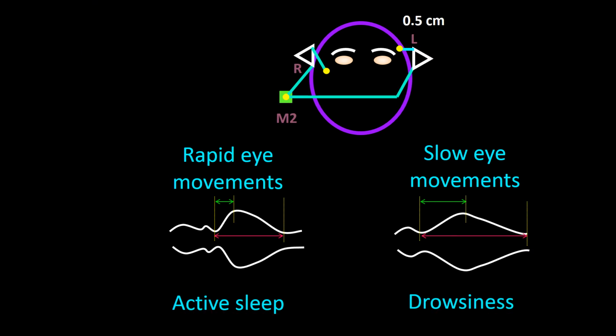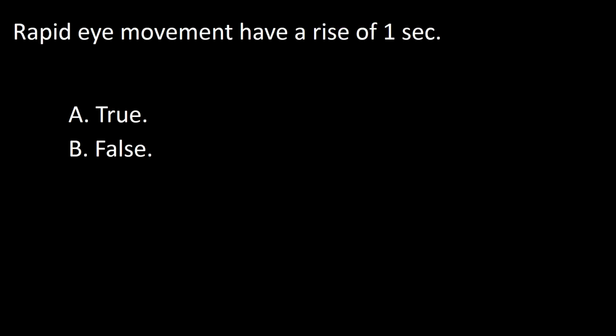Regardless of the definitions, rapid eye movements are associated with active sleep, and slow eye movements are associated with drowsiness. So the answer to this question is B.